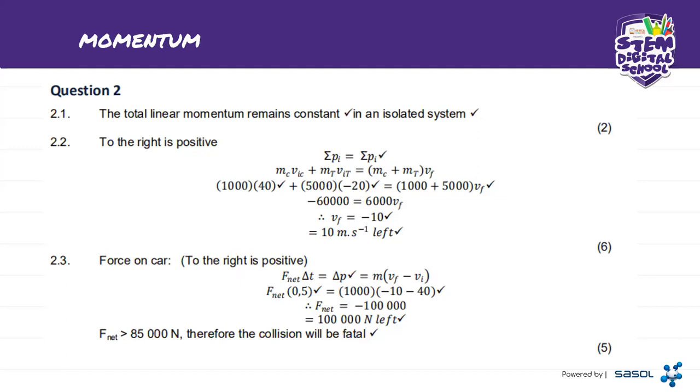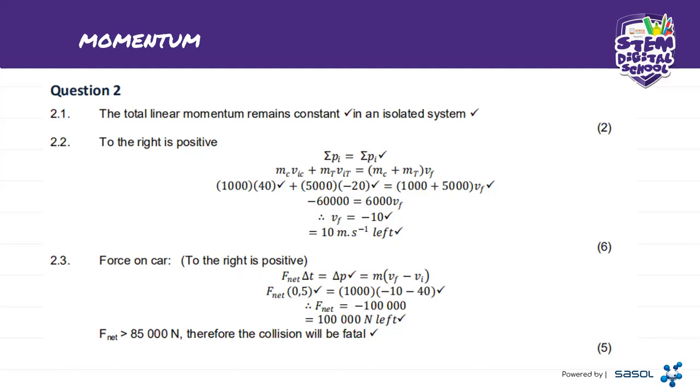So F net times change in time is equal to change in momentum. So that will be equal to mass times final velocity minus initial velocity. So you're going to make your F net the subject of the formula. So it's going to be m(vf minus vi) divided by change in time. And change in time has been given as 0.5.